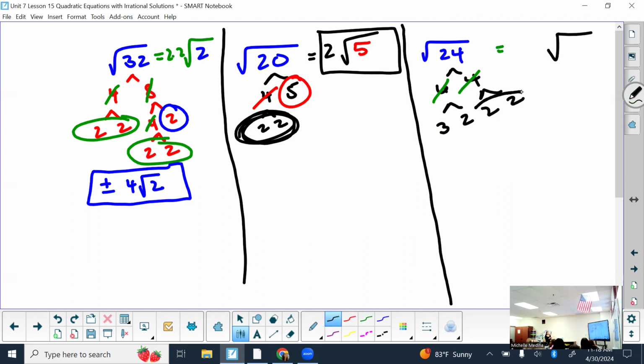I have 1 pair of 2s, no other pairs, so just the 2 will go out here. And I have 2 leftovers without a pair. They do not get to escape. If there are multiple numbers inside or outside, you multiply them. So what's 3 times 2? 6. So this one is equivalent to 2 radical 6.